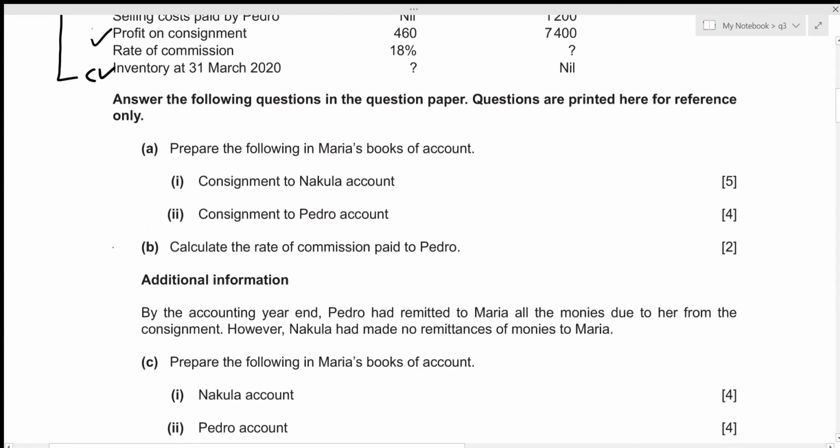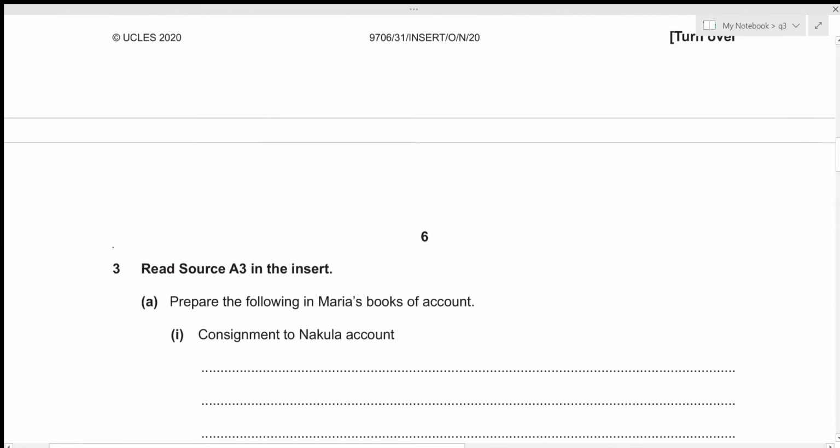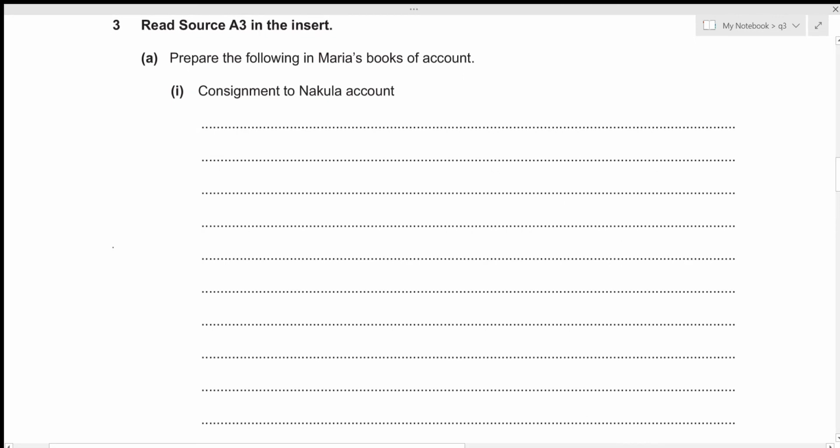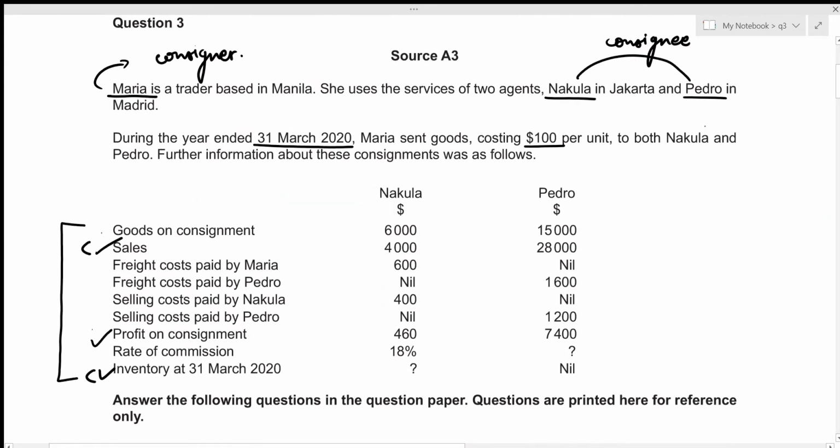So let's create our consignment account. Consignment to Nakula. Okay, so I'm just going to create a line right here. This will be the debit side, this will be the credit side. And since we already figured out that on our credit side, we only include the sales value and inventory, let's record these two items. So we have sales value for Nakula to be 4,000. And since we're preparing consignment to Nakula account, we only look at values on this particular column.